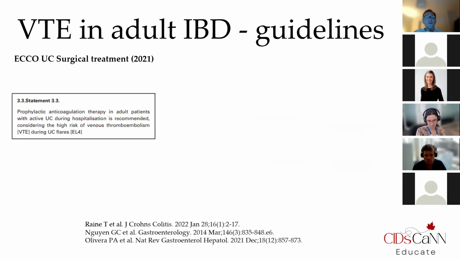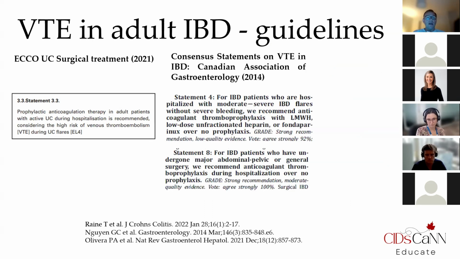Next slide, please. So there is a risk, but what should we do about it? So what do adult guidelines say? The adult ECCO guidelines say anybody hospitalised with active UC should go on to prophylaxis.